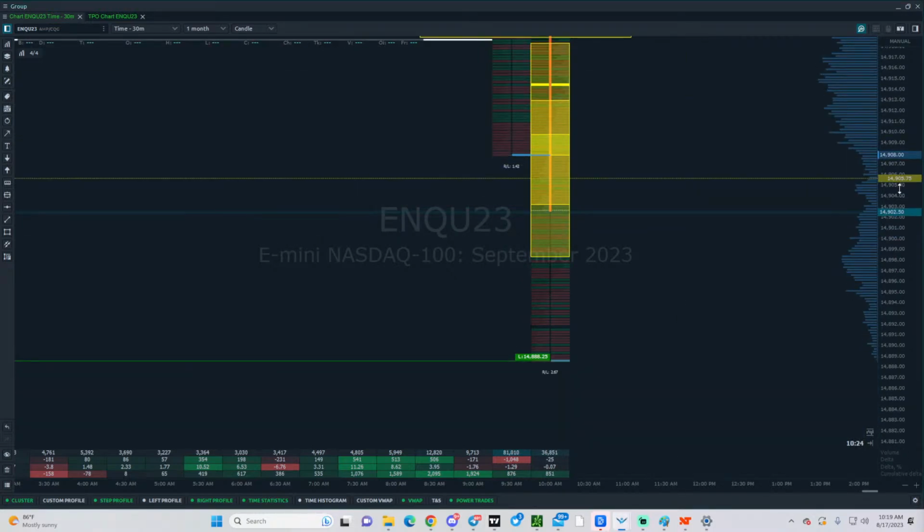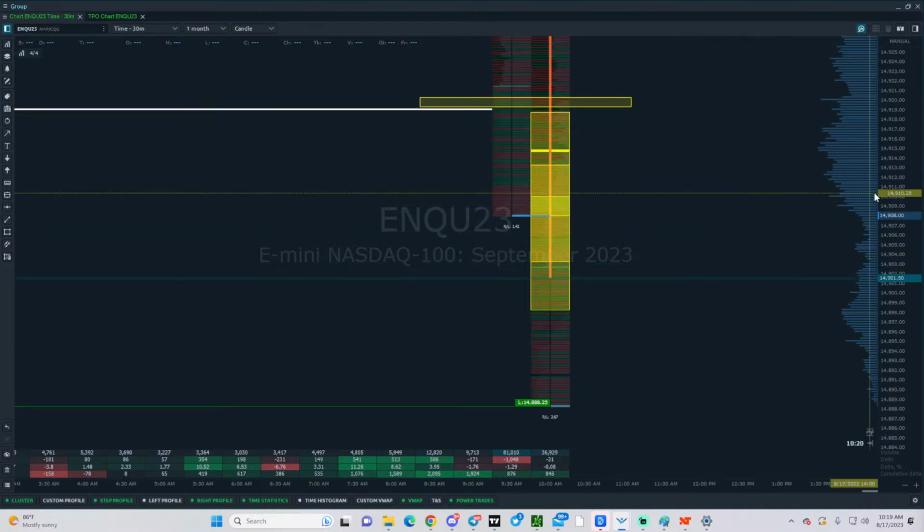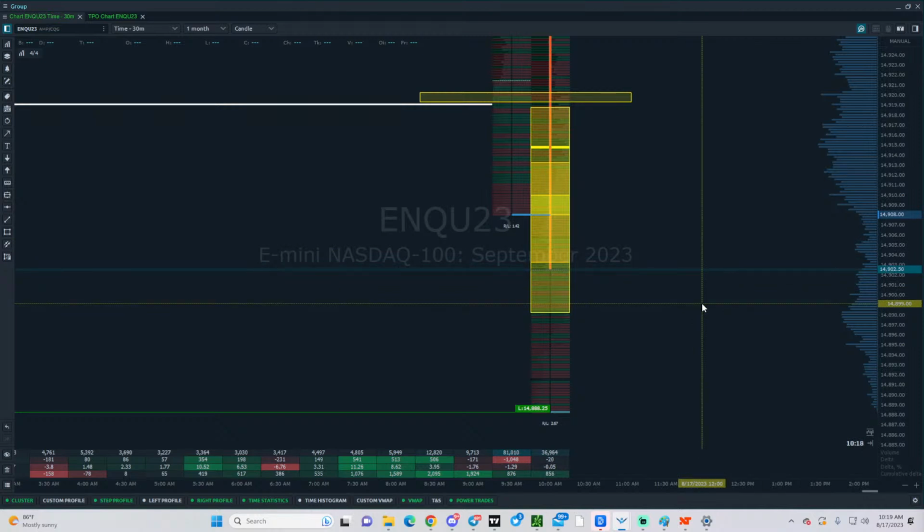See if the NQ gets above 22. 22 is the key level, guys. You can say the same thing about 08.